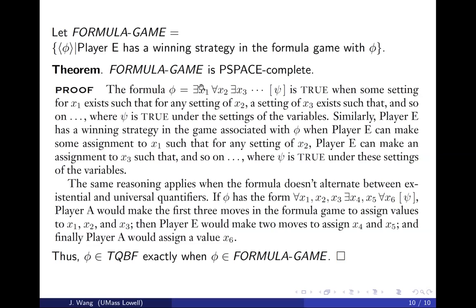So for some selection of x1, no matter what x2 is, and then for some selection of x3, no matter what x4 is, and so on, to make it true. That is when player E has a winning strategy.